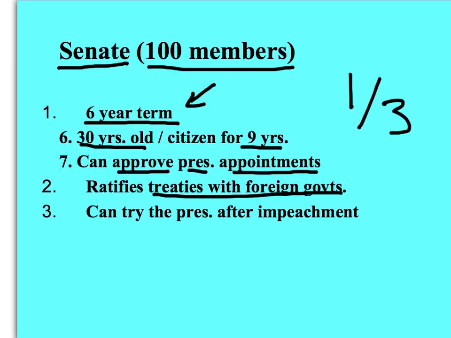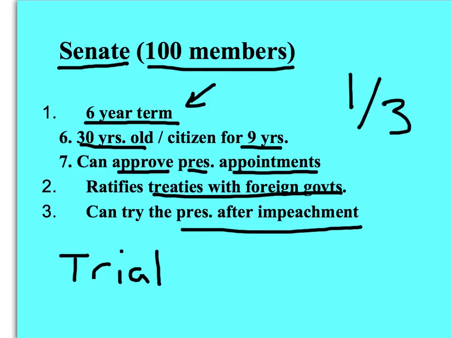And finally, the Senate can try the president after being impeached. If you remember, the House of Representatives brings charges against the president, which is called impeachment. If the president is impeached, the trial happens in the Senate.